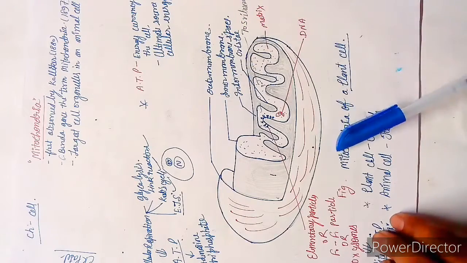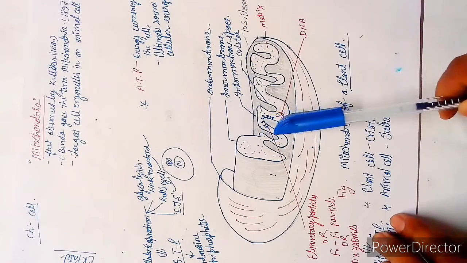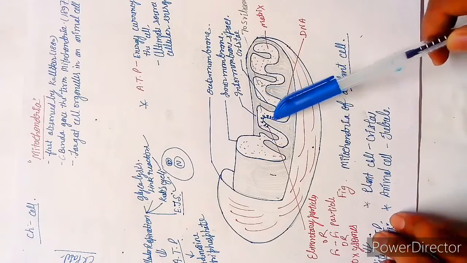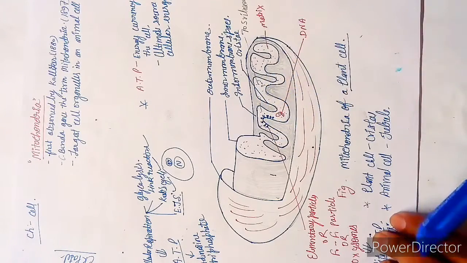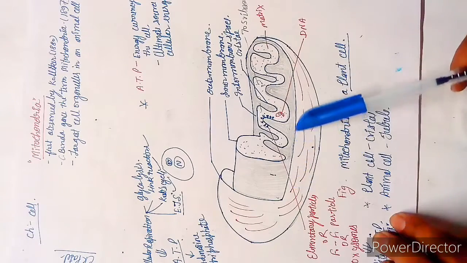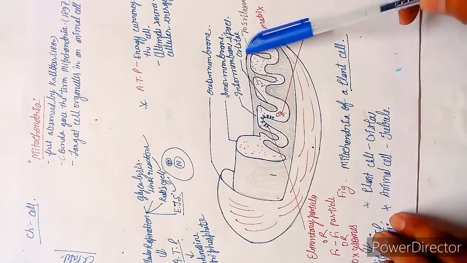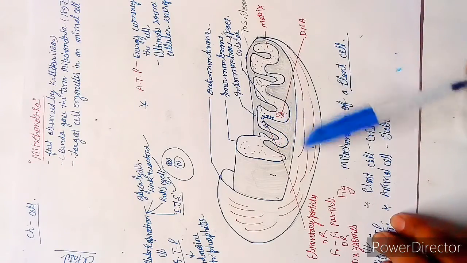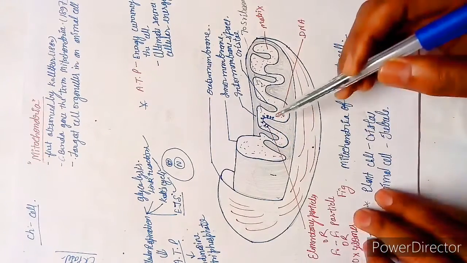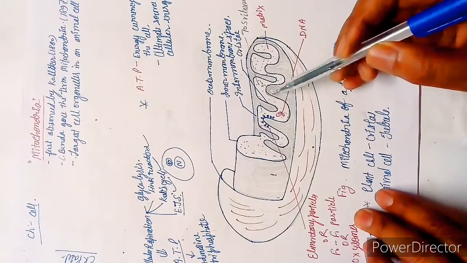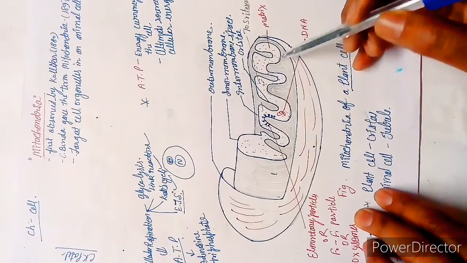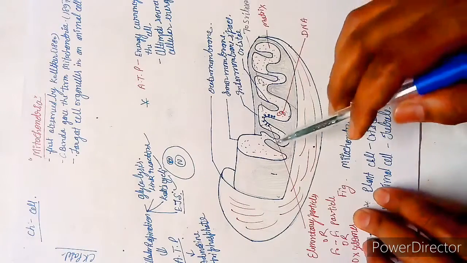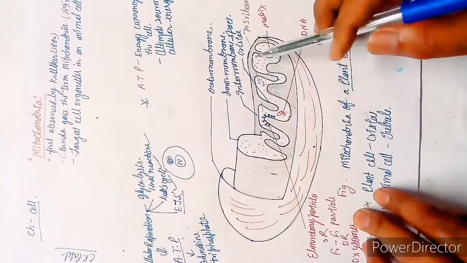Okay, there are some finger like structures. See, this is finger like, this is finger like. This is the projection of the inner membrane. The outer membrane is not making any finger like structure, but this is the inner membrane, having some folding into the matrix, and this finger like structure is known as cristae.